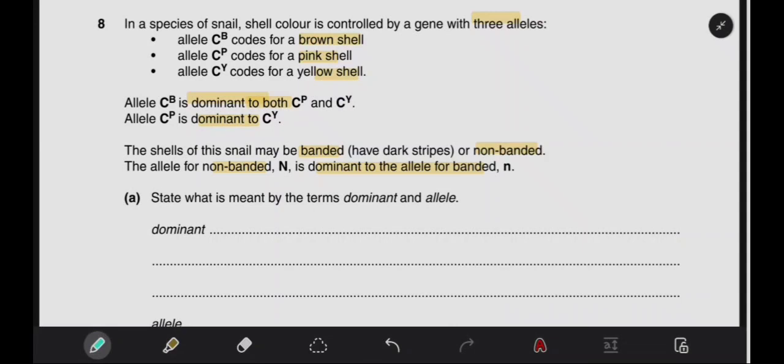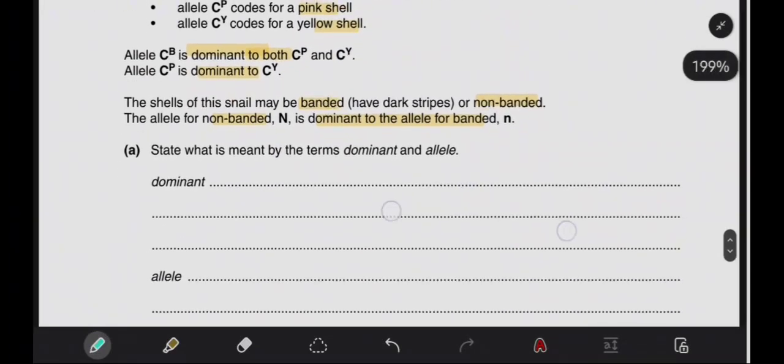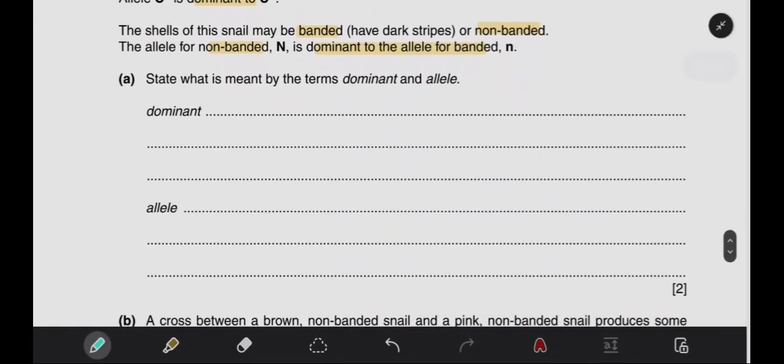These terms are very important and they are asked in the papers quite a lot, so make sure that you memorize these. So dominant is the allele that is expressed in the homozygous and heterozygous conditions, in both of them.